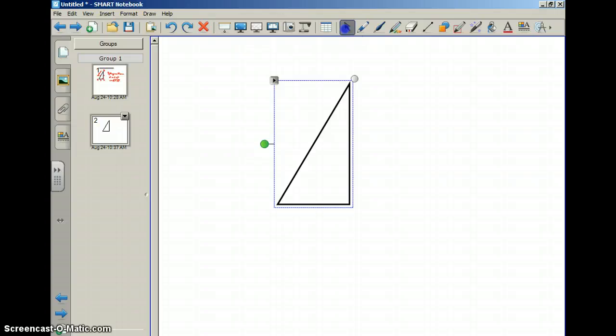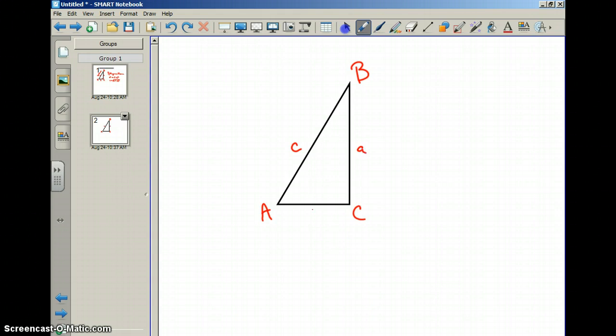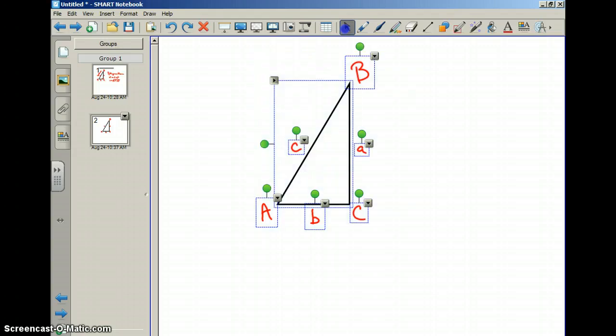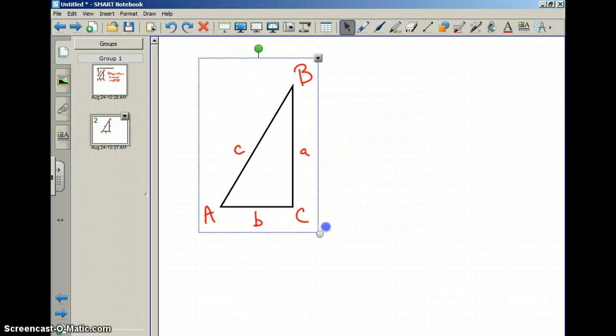Now, I'll label my angles again. And let me make some room here. Move everything over.